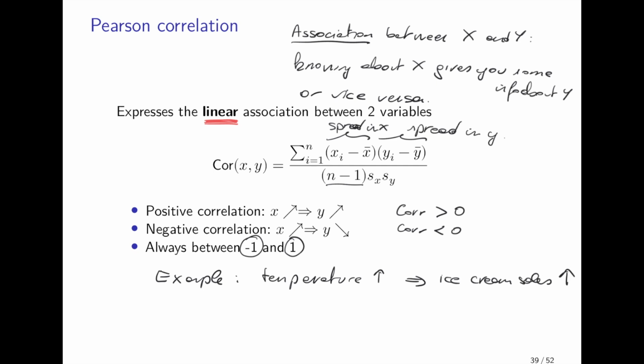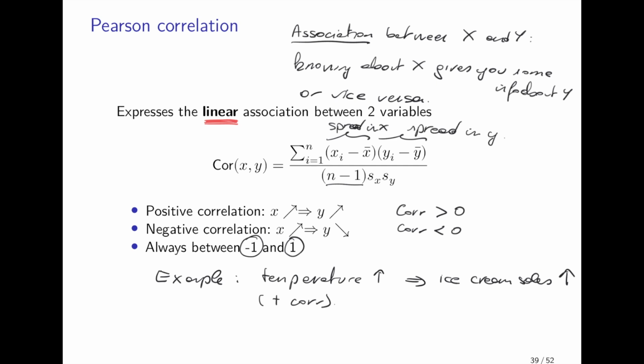And a negative, so this is a positive correlation. A negative correlation could be if your expenses increase, then typically your bank balance goes down.